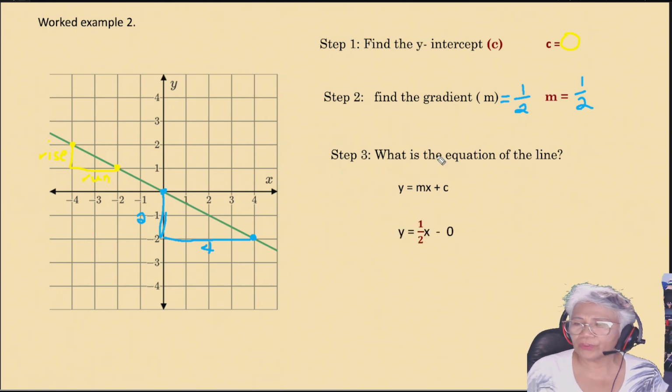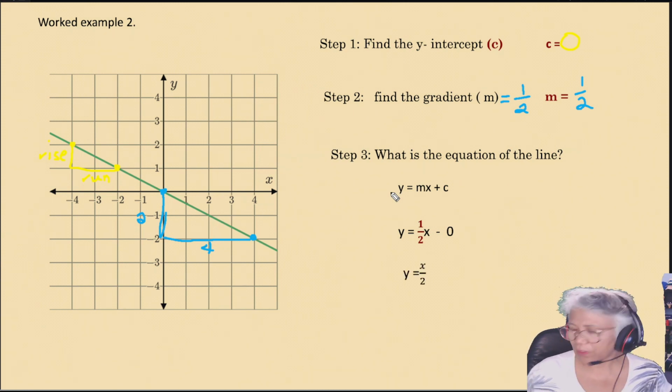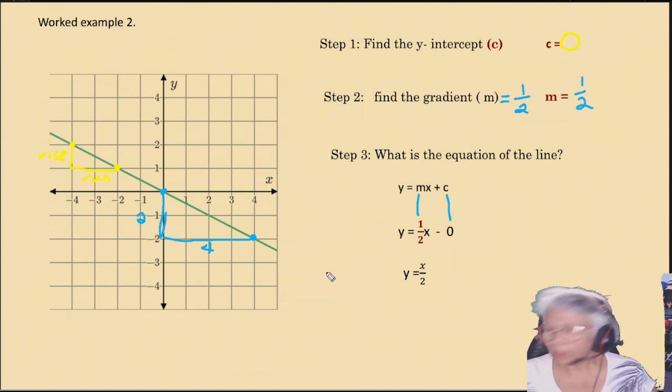So you have m is 1/2, and then c is 0. So it becomes y equals x over 2. 1/2 x is the same as x over 2. Alright? So you have that.